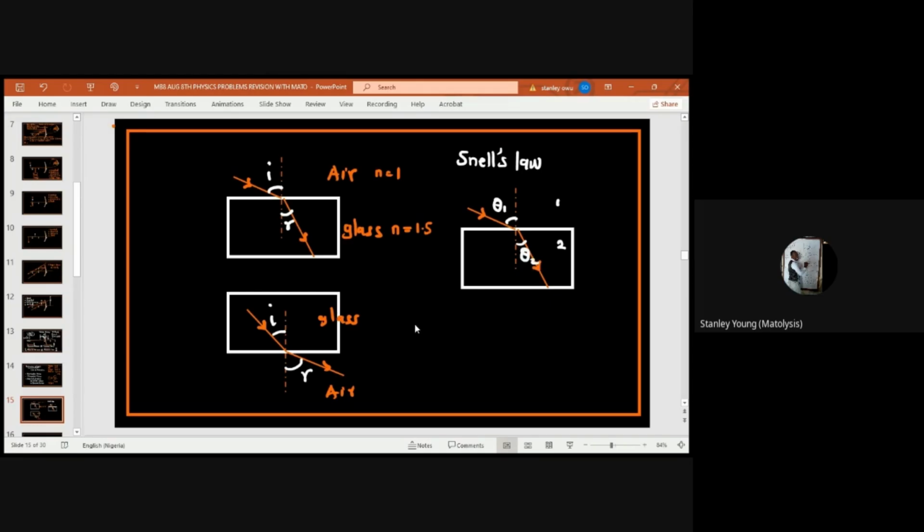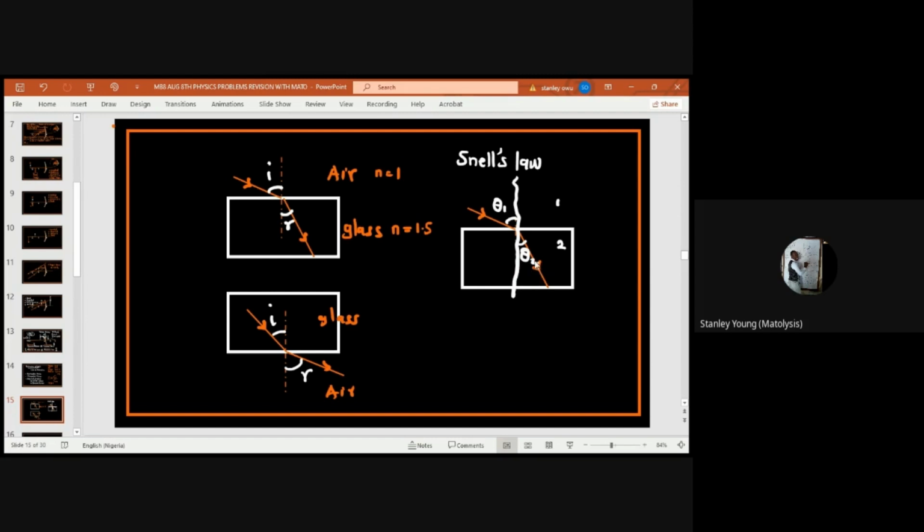The number one thing you need to know is that the line of incidence and the line of refraction both exist at opposite sides of the normal. See, this is the normal.